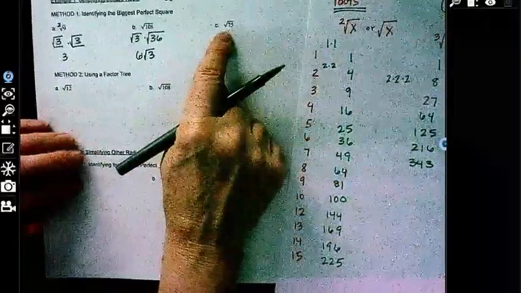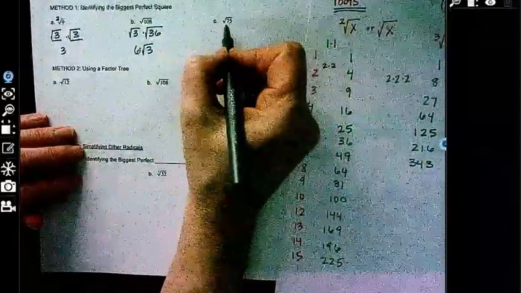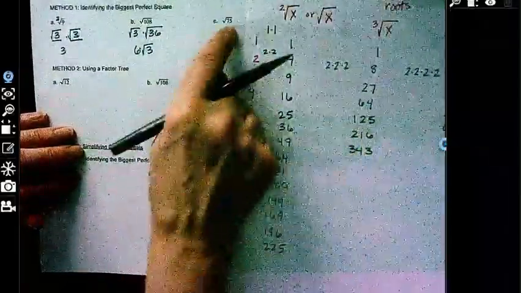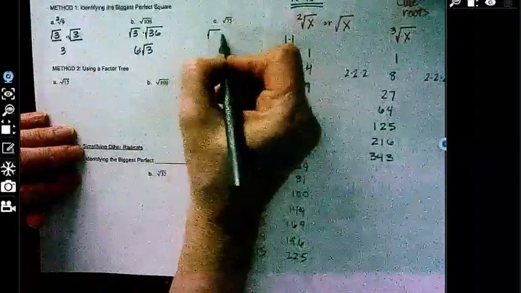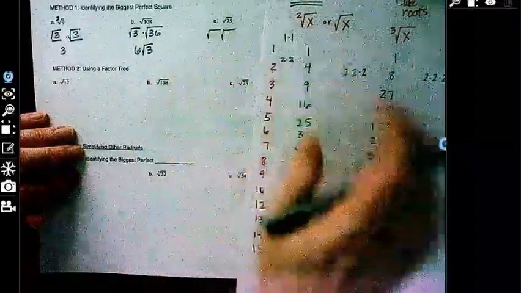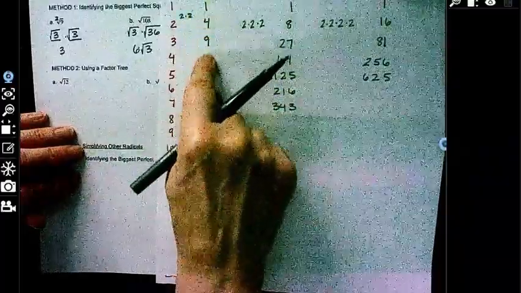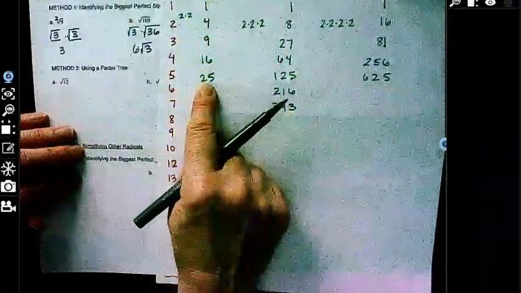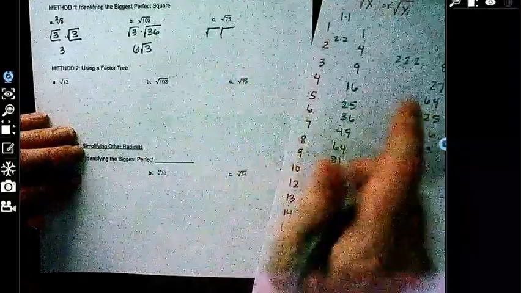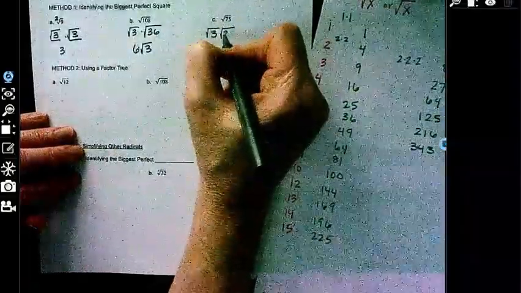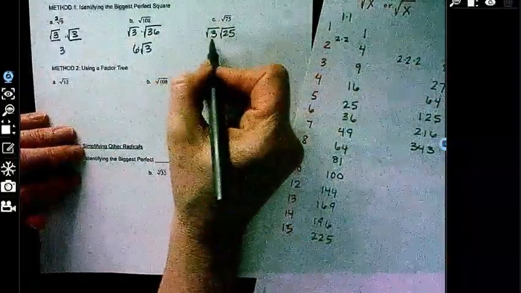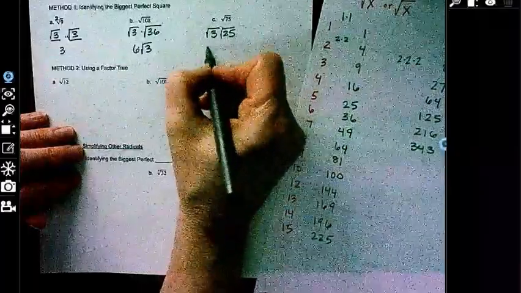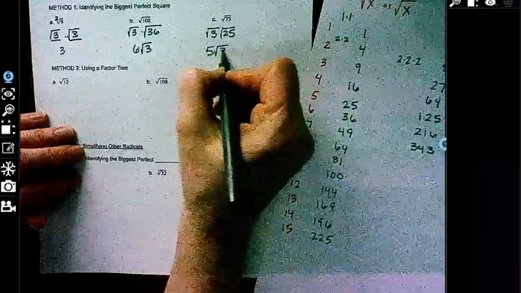All right, 75. Is there any factor of 75 that is itself a perfect square? Yes, 25 is a factor of 75. 3 times 25, this is a perfect square, so this answer is 5 radical 3.